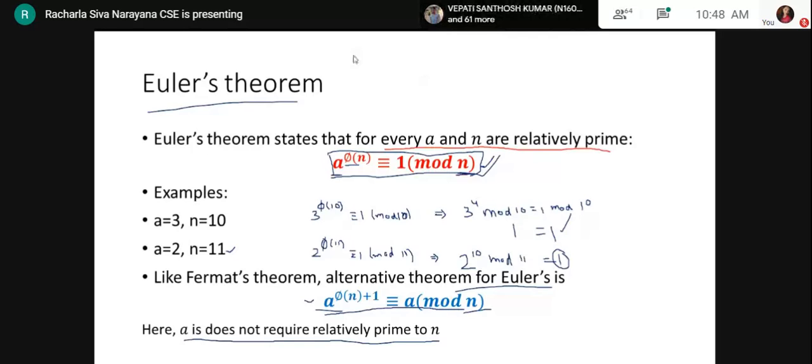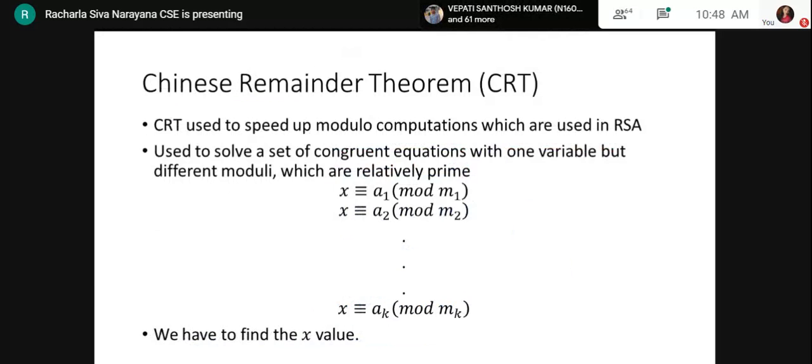Okay. Next, Chinese remainder theorem. It is also called CRT. It is used to speed up modulo computations which are used in RSA-like public key cryptography.